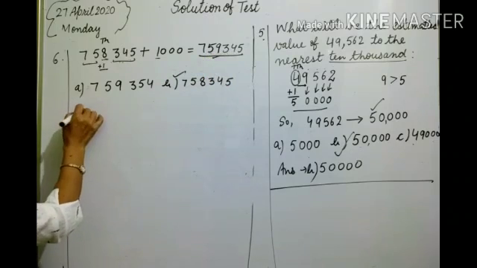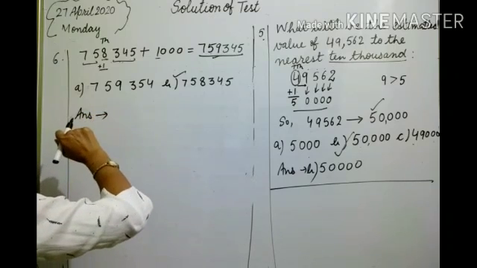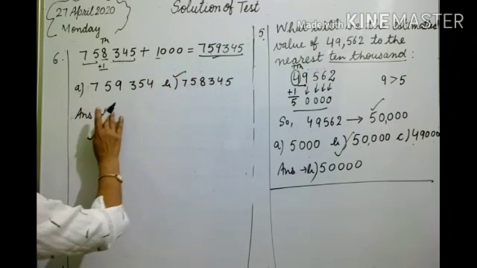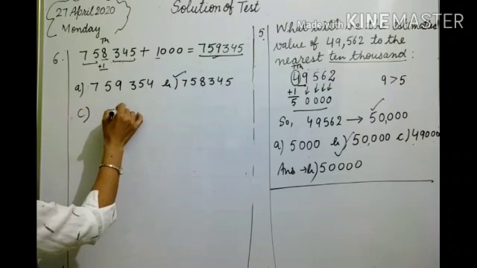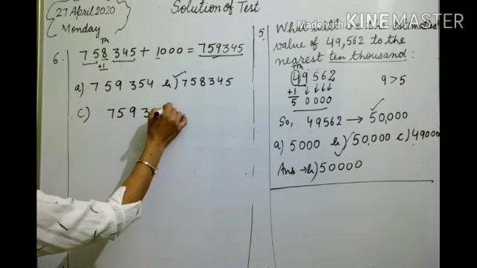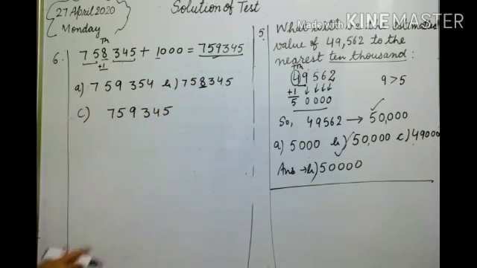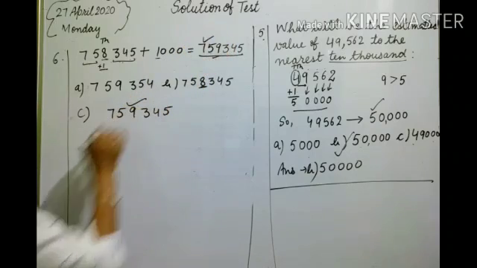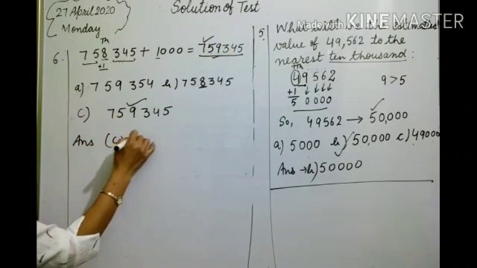So you can leave C option, which is not matching to our answer. No, C option. Again we will match, because here is 8, so B option is not right. C option matches to our answer, so option C is right.